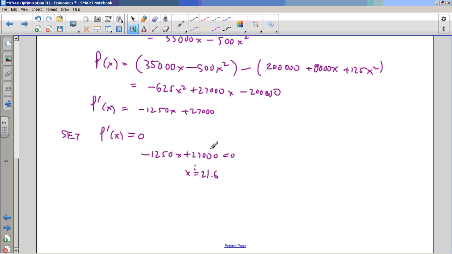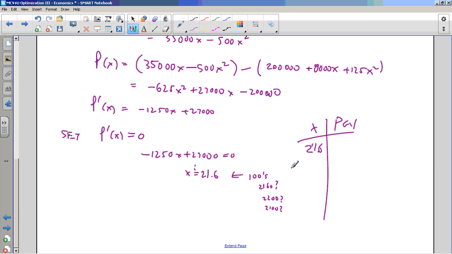And so the question is, I can calculate this, right? I can get out the profit and then endpoints. One might ask, if this is in hundreds of stoves, is this like 2,160 stoves, or does it have to be to the nearest hundred of stoves?